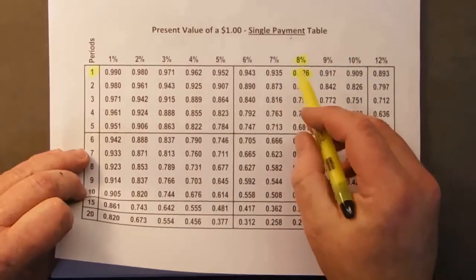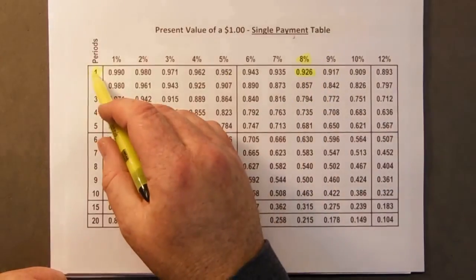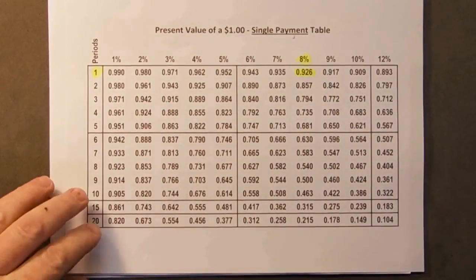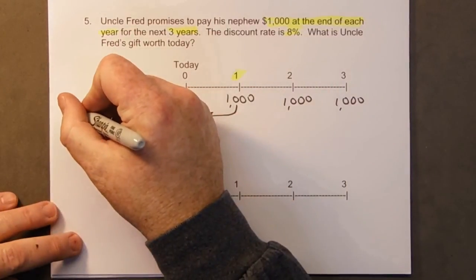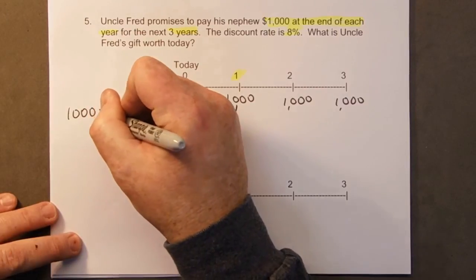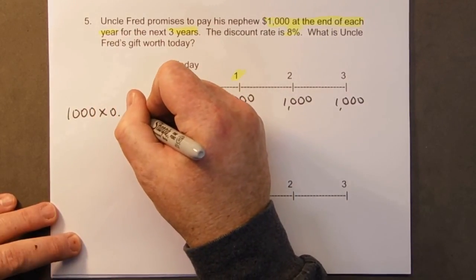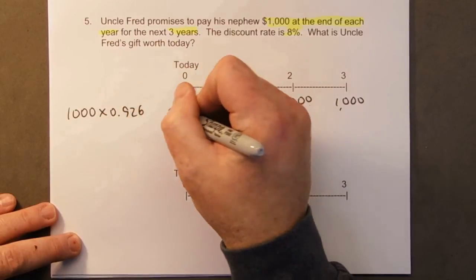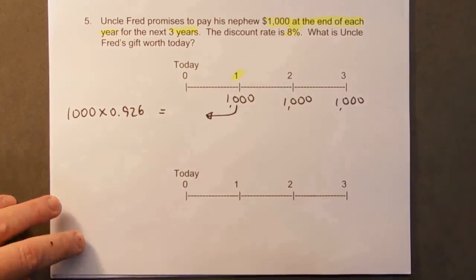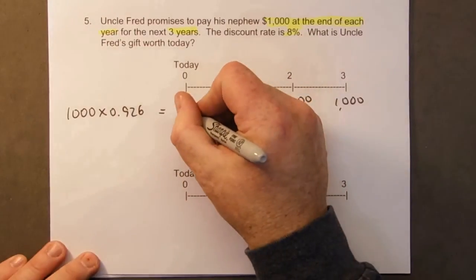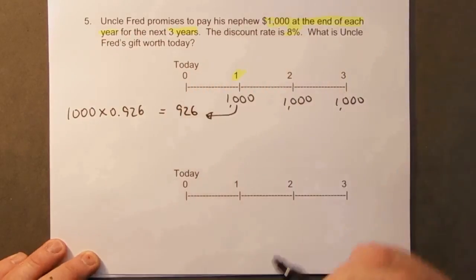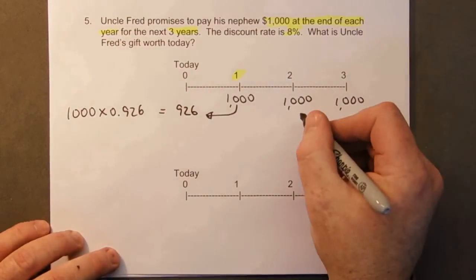So that's going to be the first one. 1 period at 8%: 0.926. We're going to get 1,000 of these. No, we're not going to get it. The nephew is. So the first one's going to be worth $926.